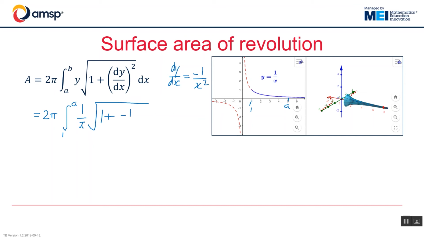So I've got negative 1 over x squared, all squared, dx, and all of this simplifies to 2 pi multiplied by the integral from 1 to A of 1 over x, square root of 1 plus 1 over x to the 4.